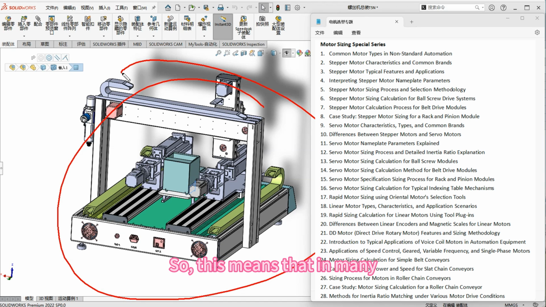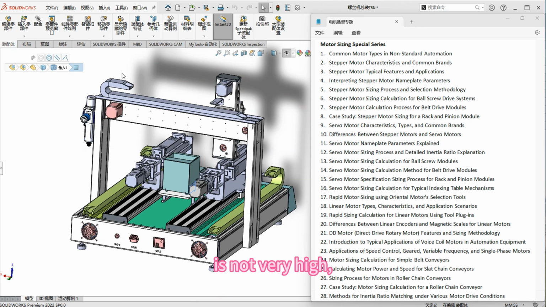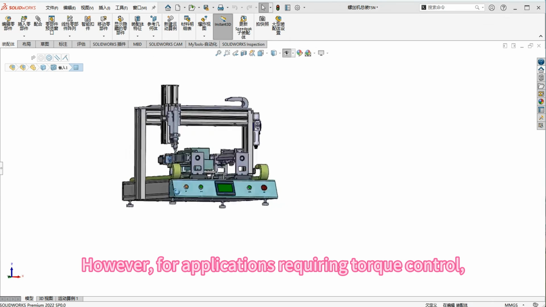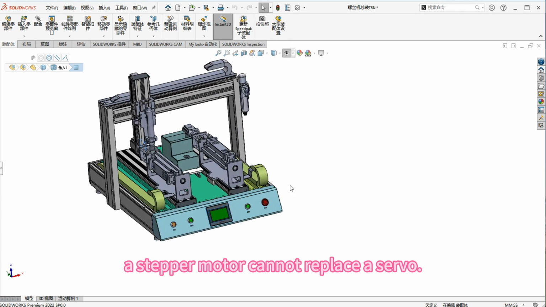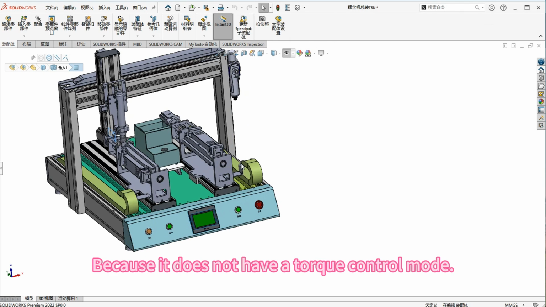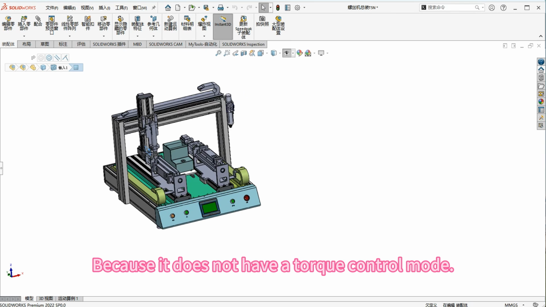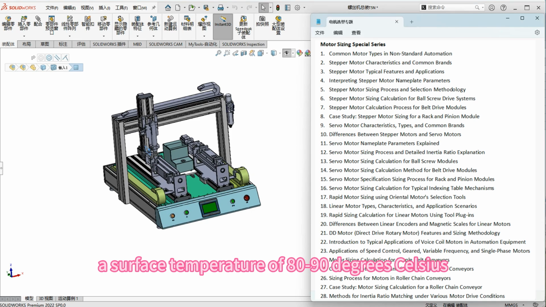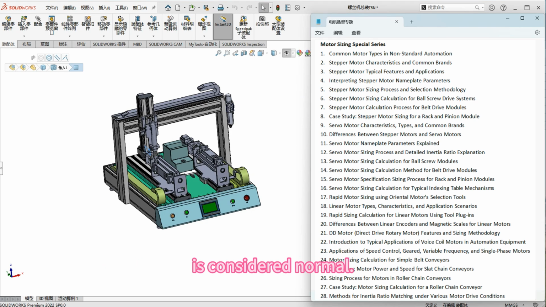So, this means that in many non-critical applications, or where speed is not very high, or precision is not critical, it can often be used to replace a servo motor. However, for applications requiring torque control, a stepper motor cannot replace a servo because it does not have a torque control mode.